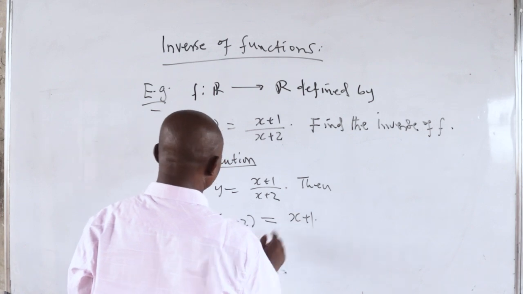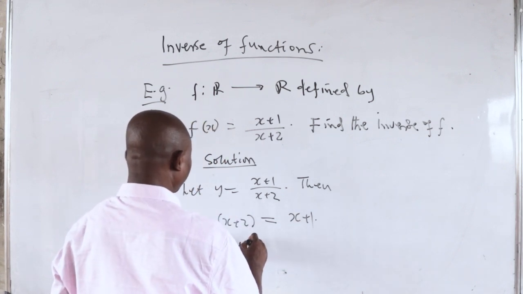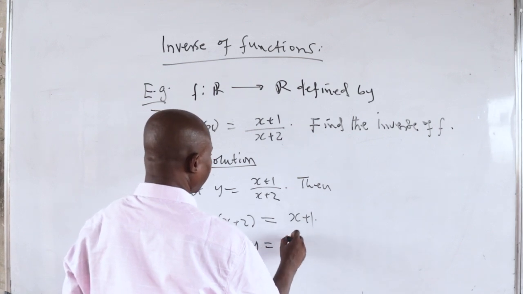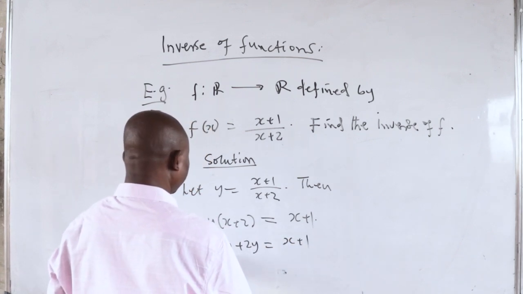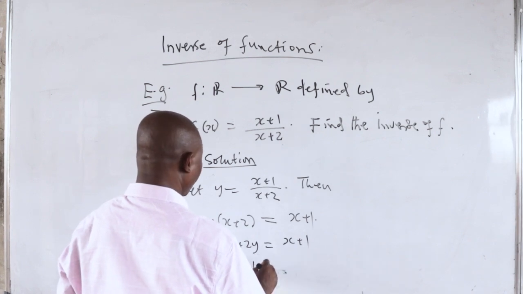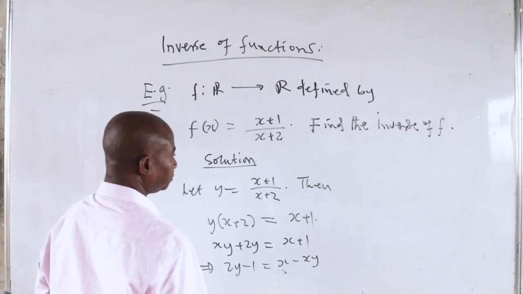If this is true, we solve for x. And so we have x multiplied by y plus 2y is the same as x plus 1. And this gives that 2y minus 1 is x minus x multiplied by y.